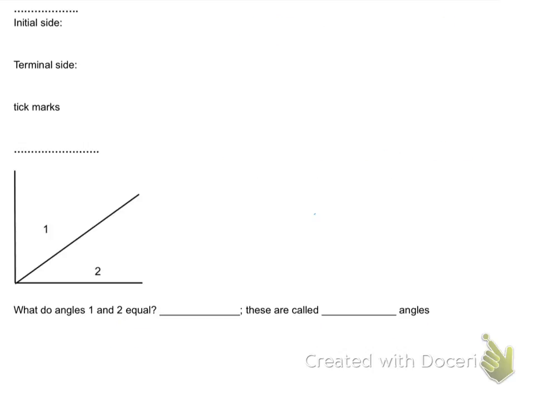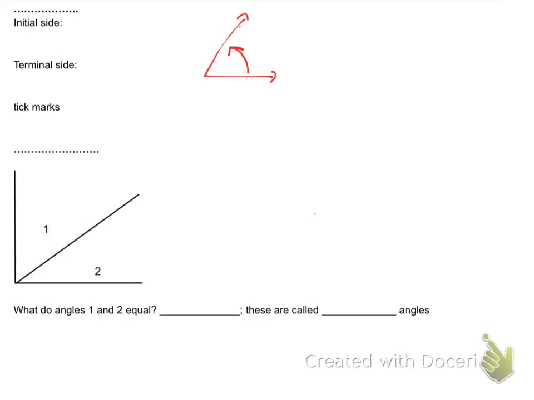Initial side. So if I draw myself a diagram here, we talk about rays. Remember we talked about an angle, and we said an angle is made up of two rays, and it can be a rotation. Well, rotating that top ray up in a counterclockwise rotation, that forms an angle.